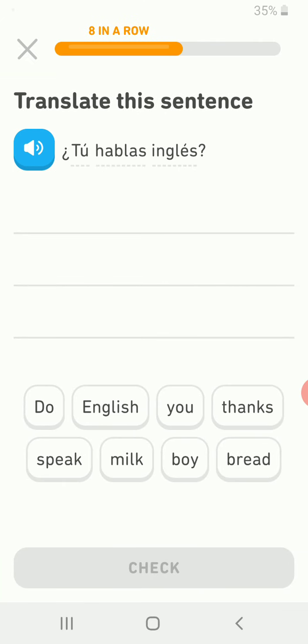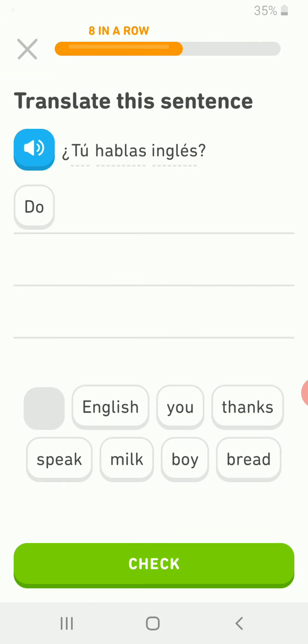¿Tú hablas inglés? This is a question now. In Spanish, for questions we just change the intonation at the end. There is a rise of the intonation at the end. Tú hablas inglés, you speak English. But ¿tú hablas inglés? Do you speak English?